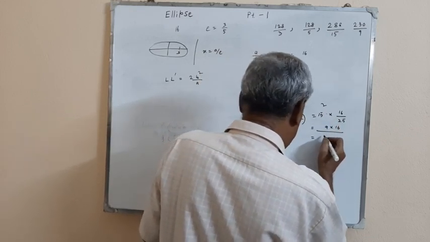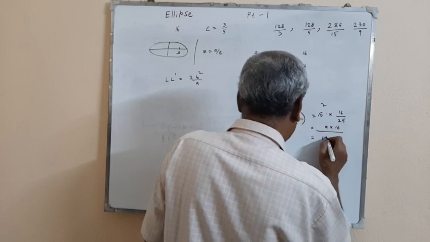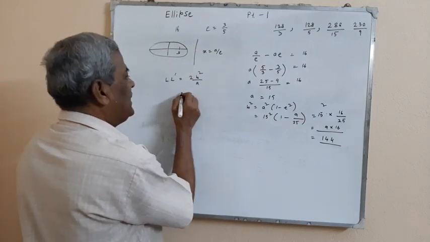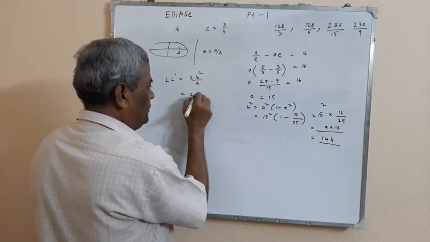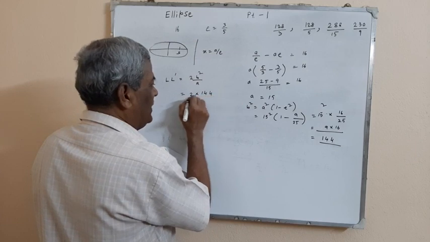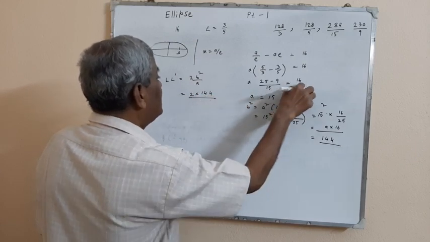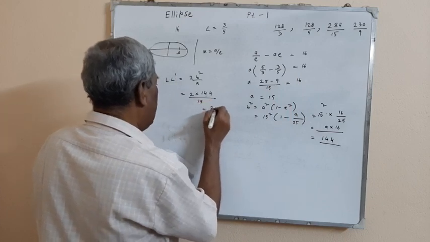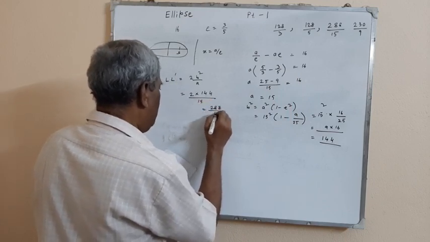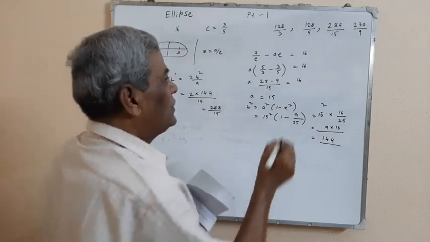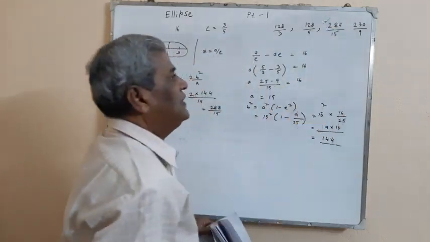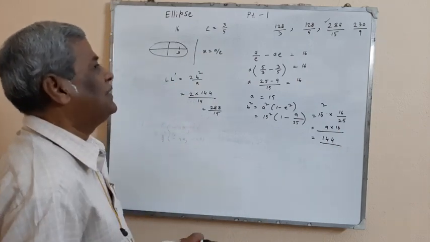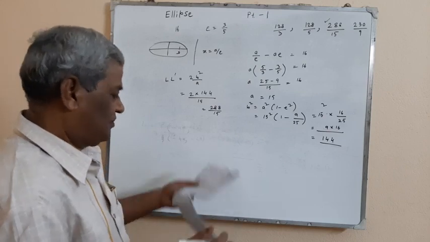So it is equal to 144. B square is equal to 144. So the answer is 2 into 144 divided by a. A is 15, so it is 288 by 15. Answer is C. So you see, just by simple application of formula, the problem can be solved.